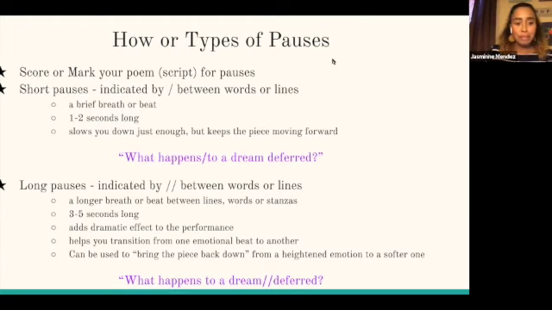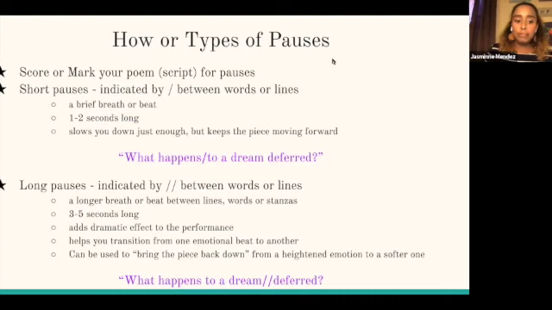I tried to make this as straightforward and basic as possible. I look at it as there can be short pauses and there can be long pauses, and hopefully your poem has a combination of both. Short pauses, I like to indicate with a single forward slash between words or lines.